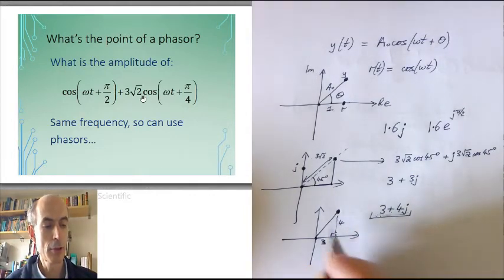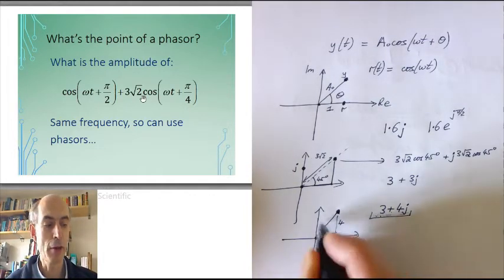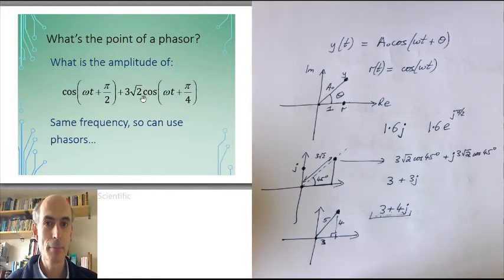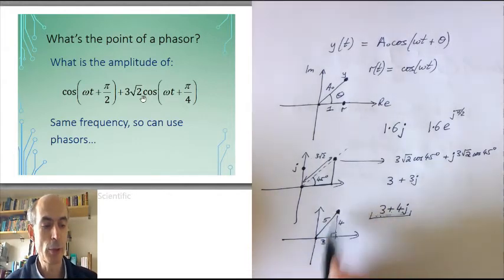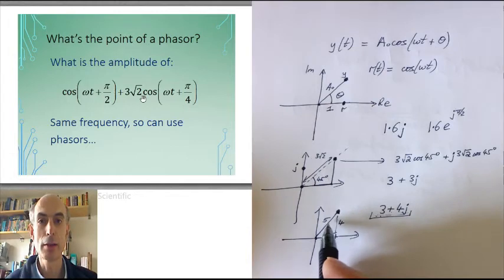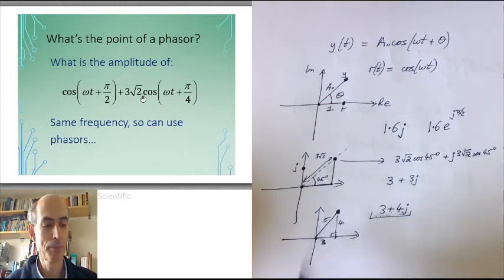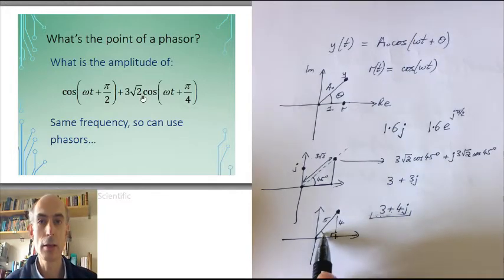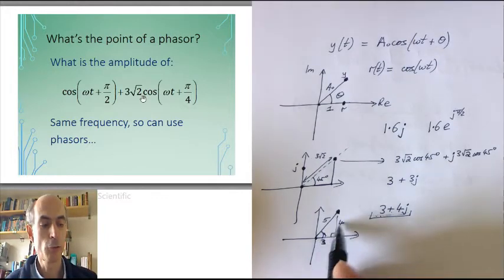This is a very famous right-angled triangle. Its hypotenuse is of length 5. If you don't recognize that, you can quickly get it by just applying Pythagoras to this triangle. And this angle here is going to be the inverse tangent of 4 over 3 in this case.